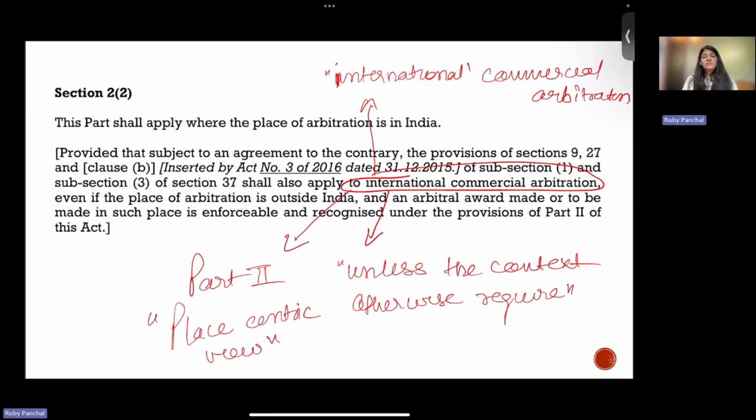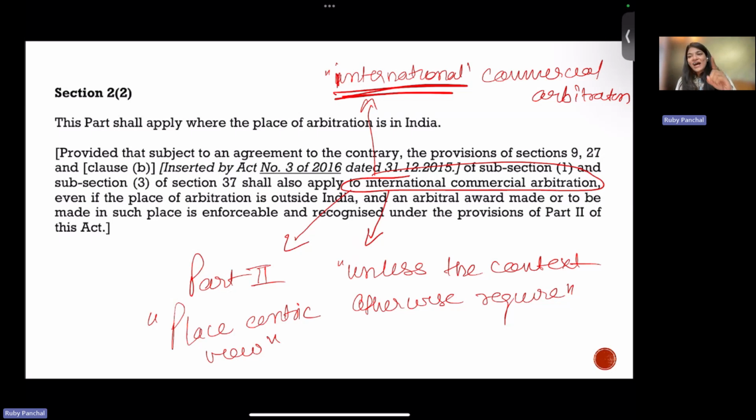And what does that mean? The focus of the term international would be on the place and not on the international character of the parties. So no matter what the nationality of the parties is, if the place of arbitration is outside India, that is international commercial arbitration.